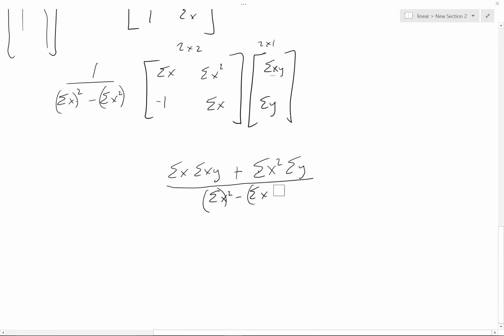I did it backwards. And then on the bottom, you're gonna get negative, like so.